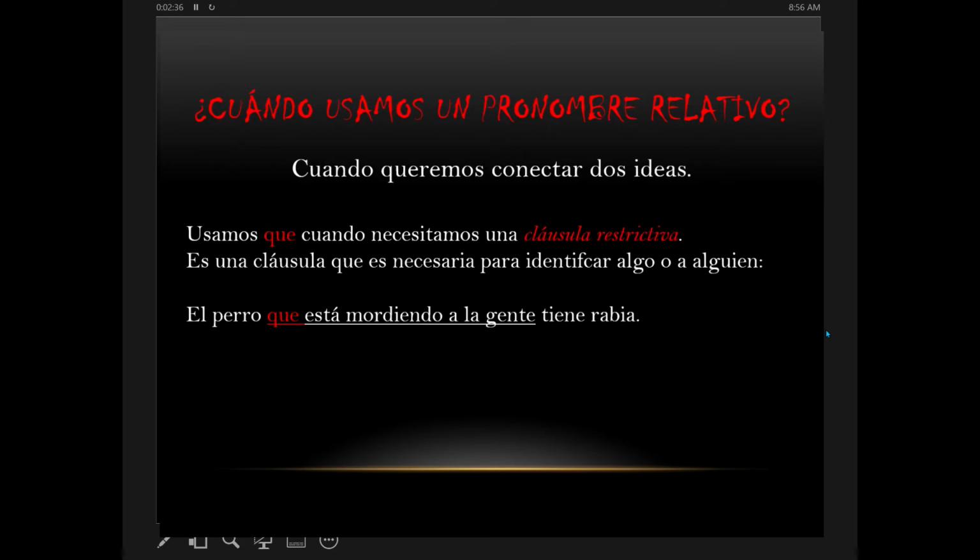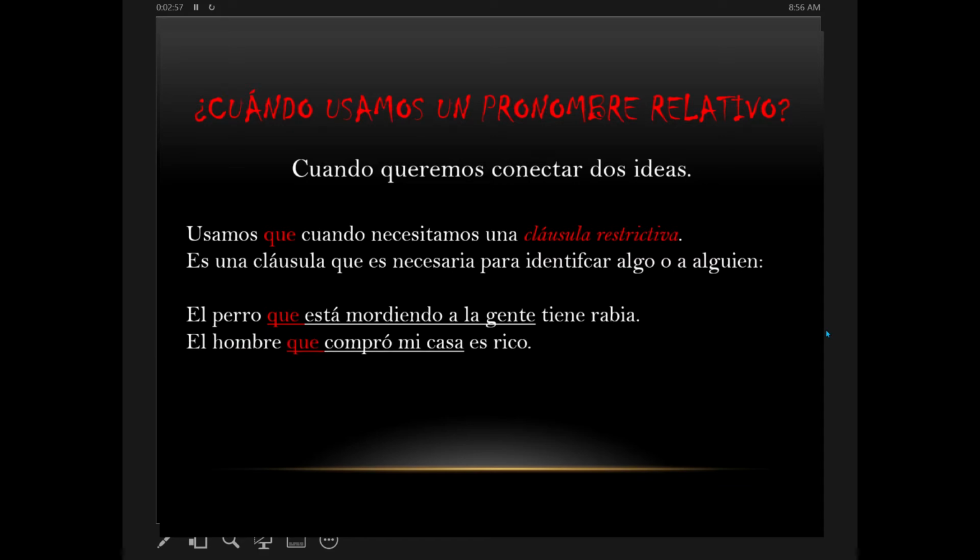For example, the dog that is biting the people has rabies. In this case, that is biting the people identifies very clearly which dog we're talking about, and that dog is the one that has rabies. We use que because the clause is essential.